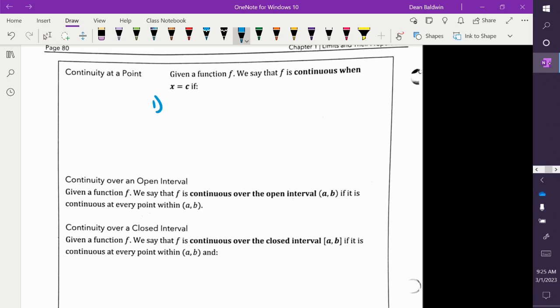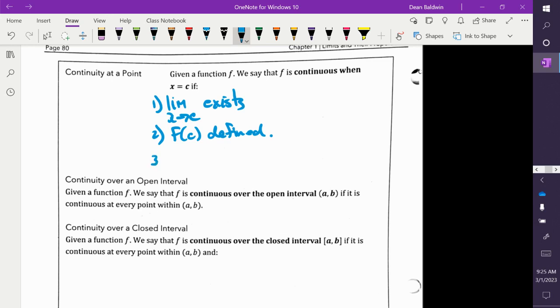Okay, so the limit as x goes to c exists. What else? f of c is defined or exists. Say that again?